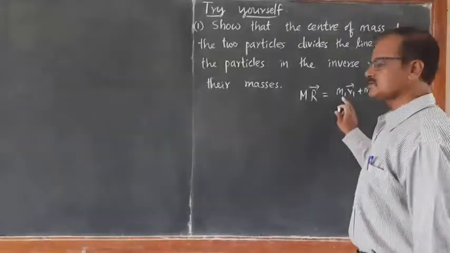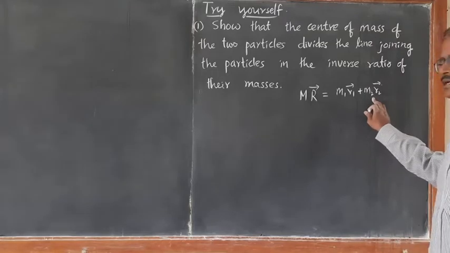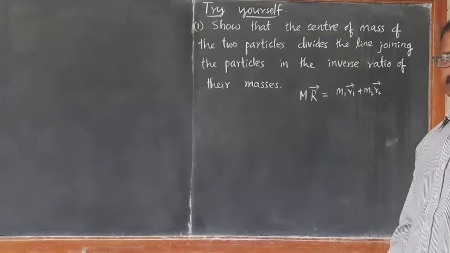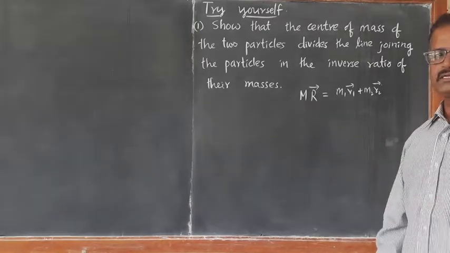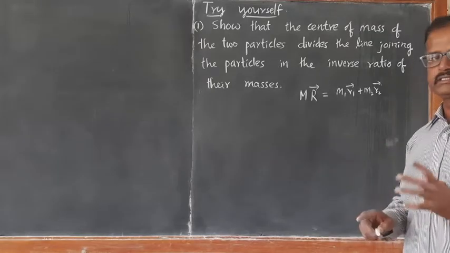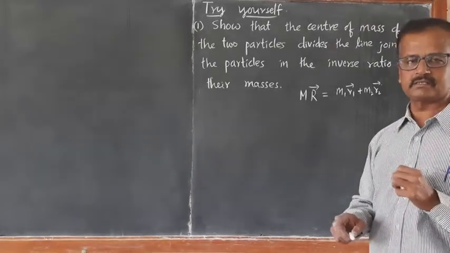Where m1 is the mass of the first particle, m2 is the mass of the second particle, r1 vector is the position of the first particle, r2 vector is the position of the second particle, M is the mass of the center of mass, which is equal to m1 plus m2, and r vector is the position vector of the center of mass, right?